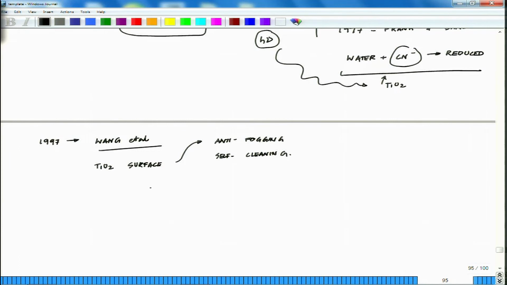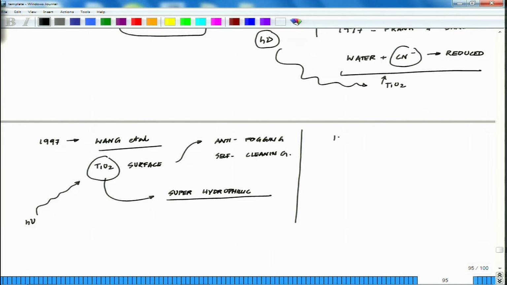So, titanium oxide, when it is photoexcited, is super hydrophilic. Now, nano titanium dioxide is used in an efficient dye-sensitized solar cell. In 1991, there was another report, and this came from Gratzel in Switzerland.